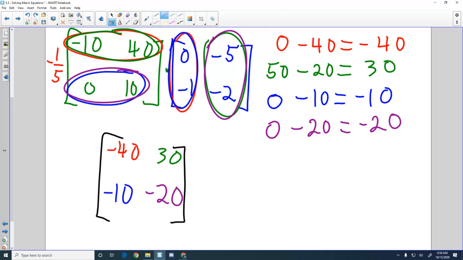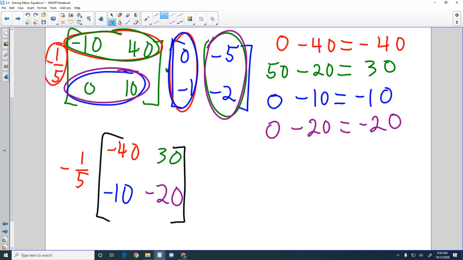So that 1 over the determinant piece, negative 1/5, is still in front. Now, it's going to be nicer to distribute that in, because look at, don't these numbers all divide nicely by 5 also? As opposed to if we put that 5 in the matrix first, you'd have like 1/5 and 2/5. You're going to be trying to do all that calculation with on the right, which would just be gross.